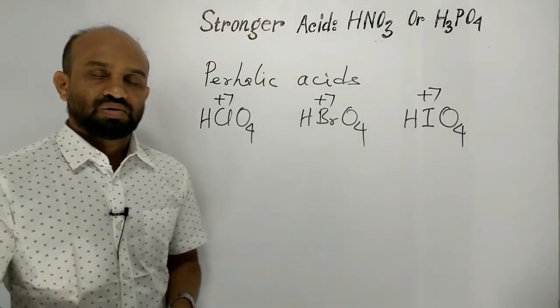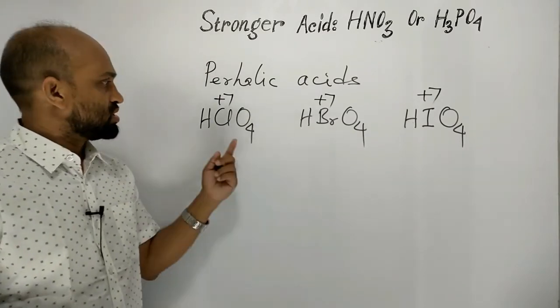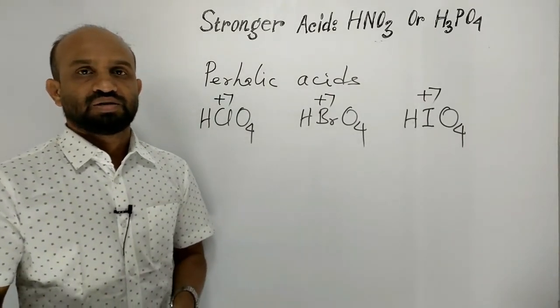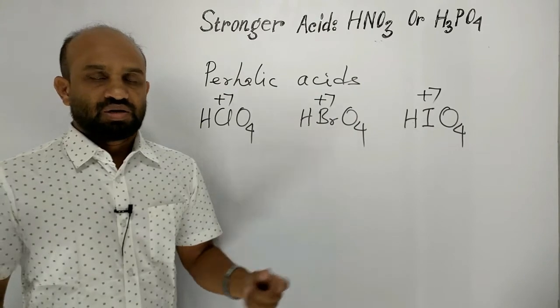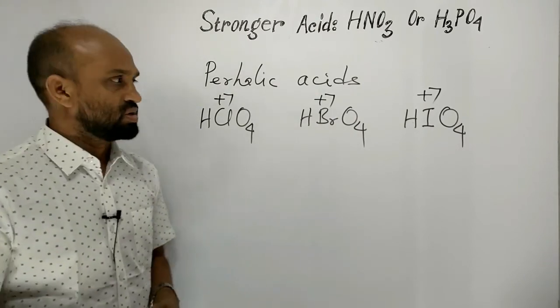Now let's see which one is stronger. Though chlorine, bromine and iodine are carrying the same charge, let's see the positions of the halogens in the periodic table.